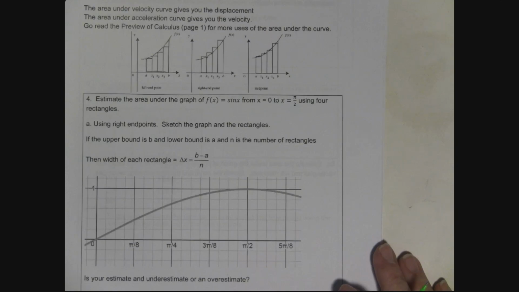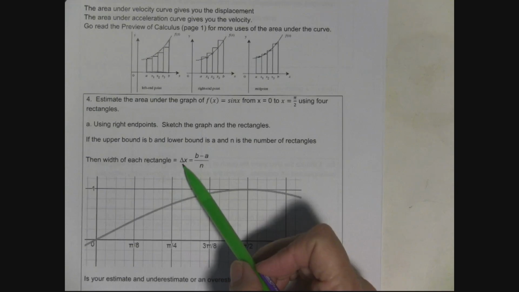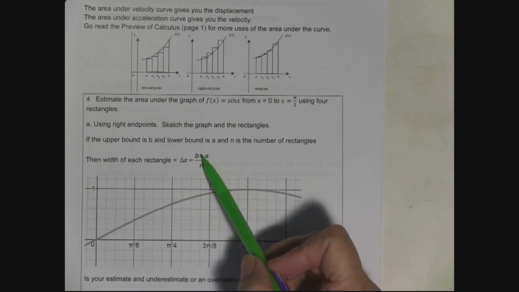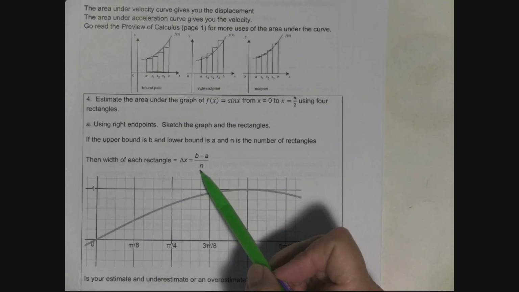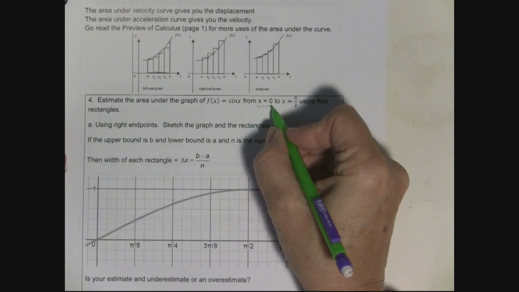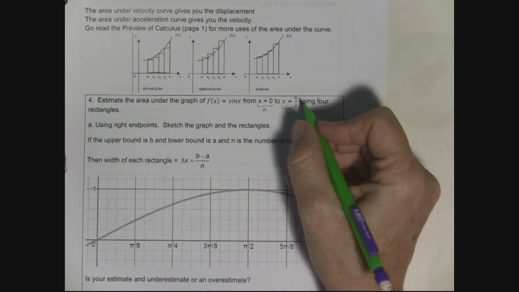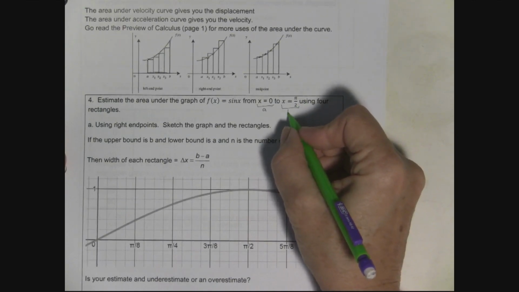If the upper bound is b and the lower bound is a, and n is the number of rectangles, then the width of each rectangle was given by this formula. The width of each rectangle is called delta x, and it's b minus a divided by n. So in our case, they were telling us to go from a, x equals 0, to b, x equals pi over 2.